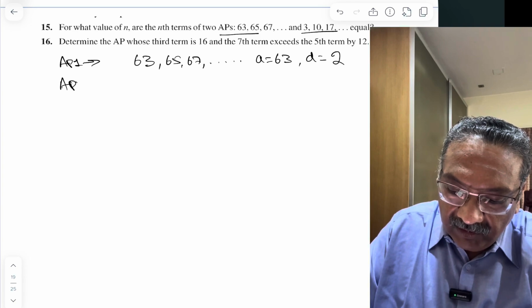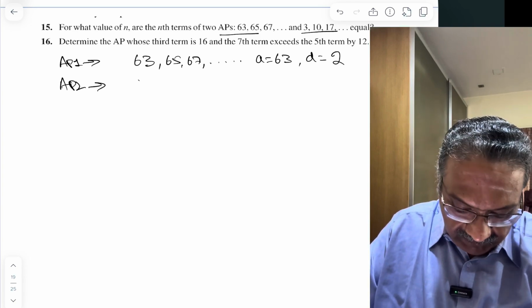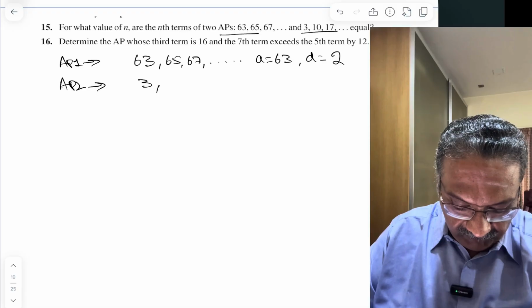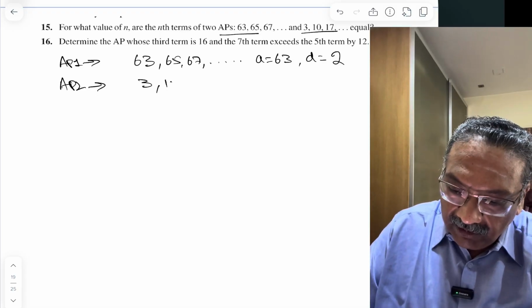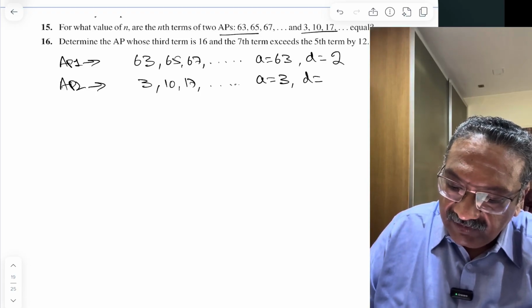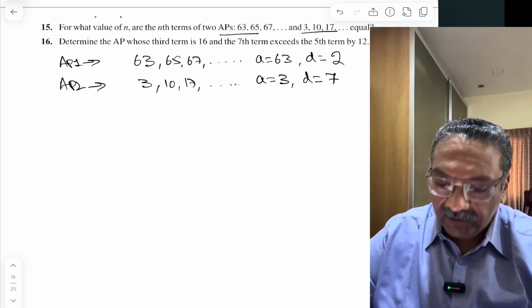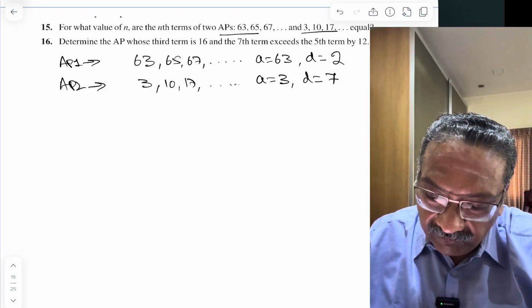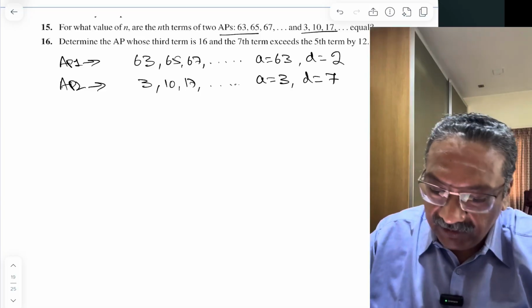And the second AP is 3, 10, 17, and so on. Here the first term is 3 and the common difference is 7. Now they are asking for what value of n the nth terms are equal.